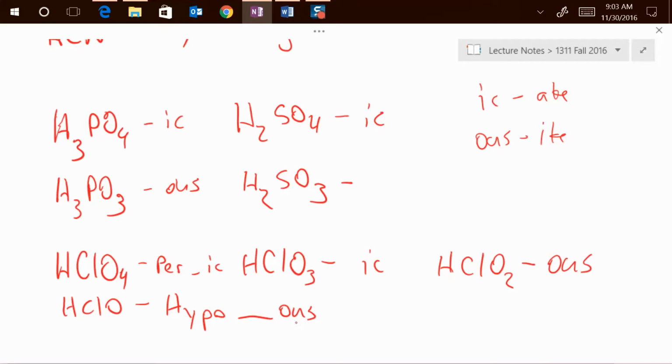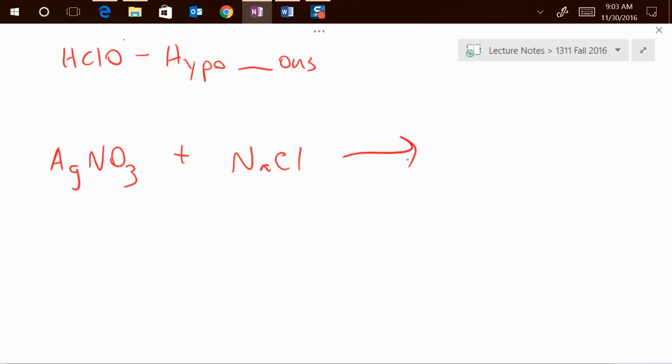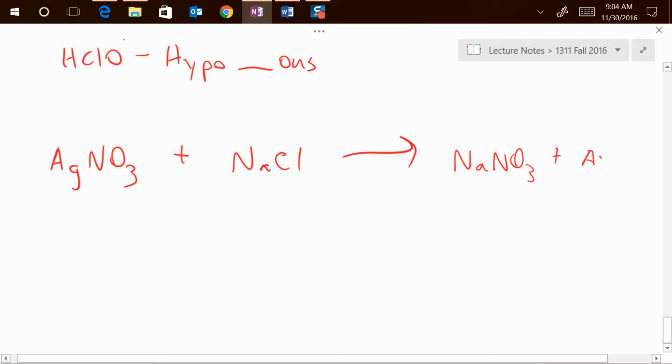To review the net ionic equation, the example replacement. Okay, so if I have this reaction, I can predict the products to be sodium nitrate and silver chloride.